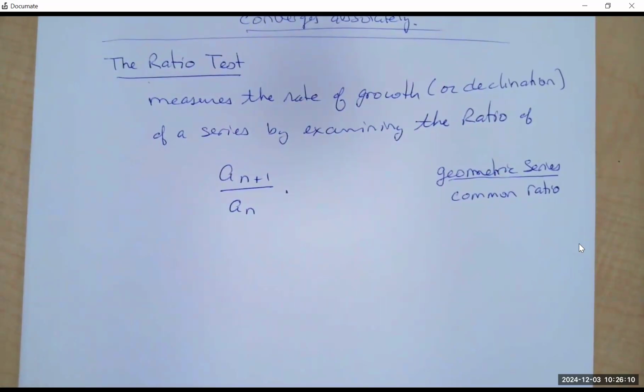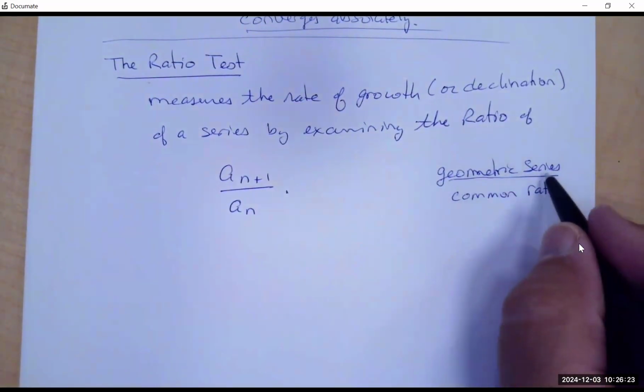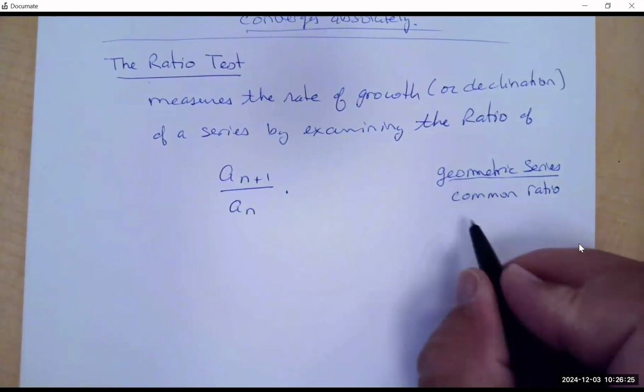Arithmetic series have a common difference between each number, which would take the second number minus the first, third number minus the second, fourth number minus the third. The differences are always the same. The geometric series has a common ratio.